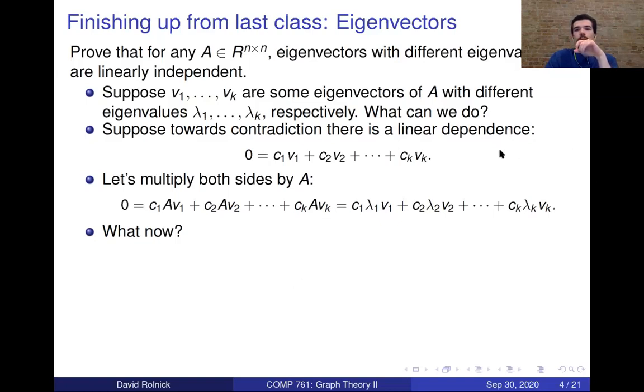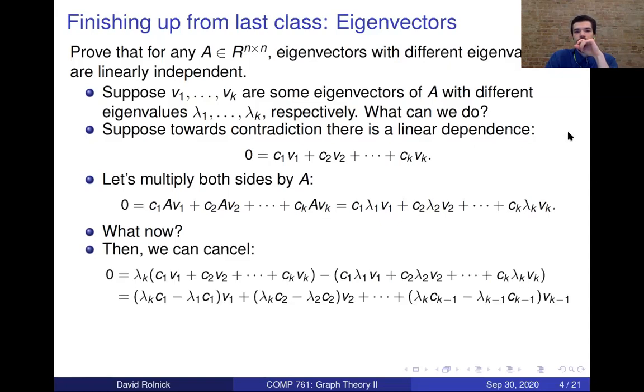Yeah, we could multiply one of them by some constant and then subtract them. So if we multiplied the first one by lambda k, then the last term will cancel. All the other terms will get other linear combinations. Now we have a linear dependence with k minus 1 vectors.